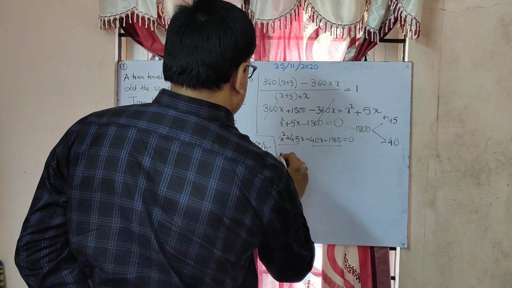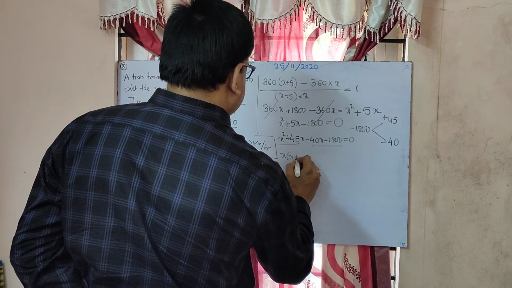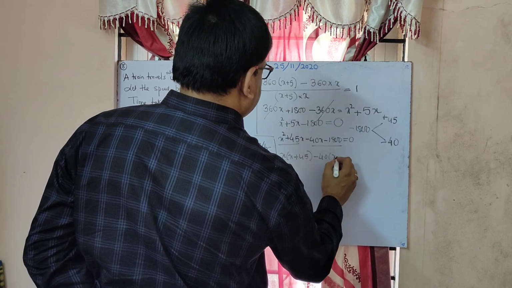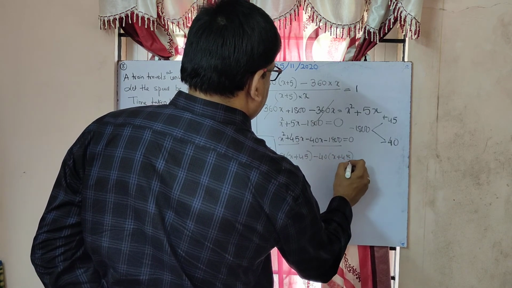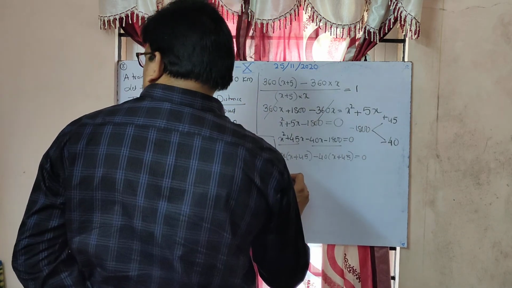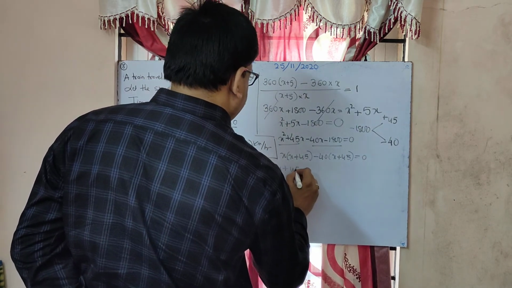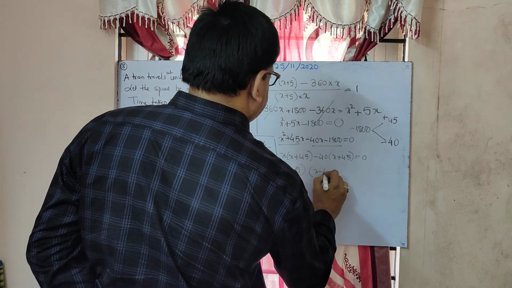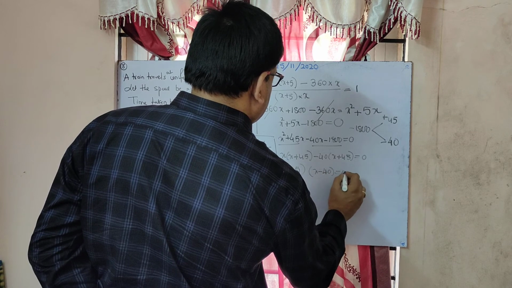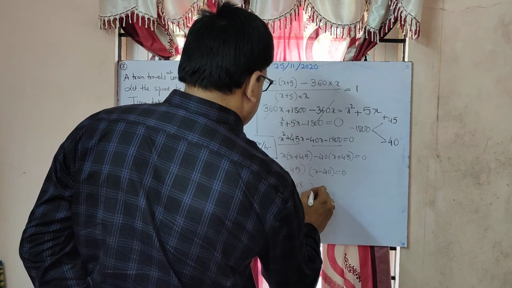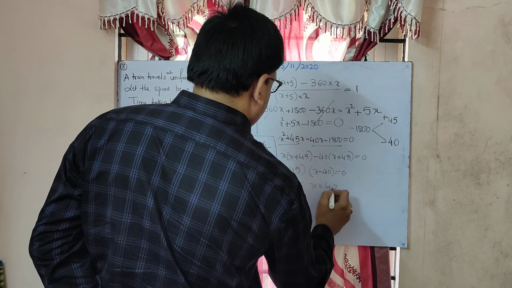Take out the common: x plus 45 into x minus 40 is equal to 0. So x equal to minus 45 and x equal to 40.